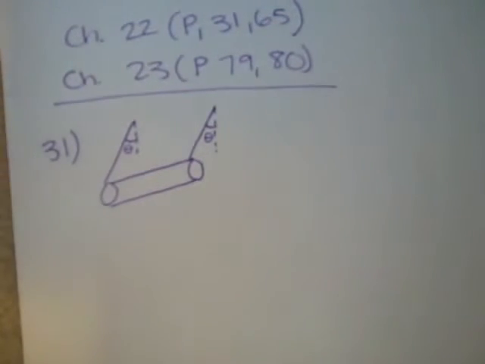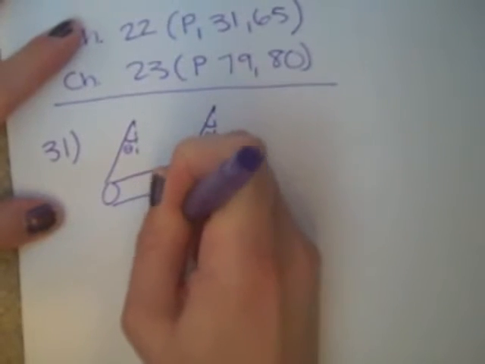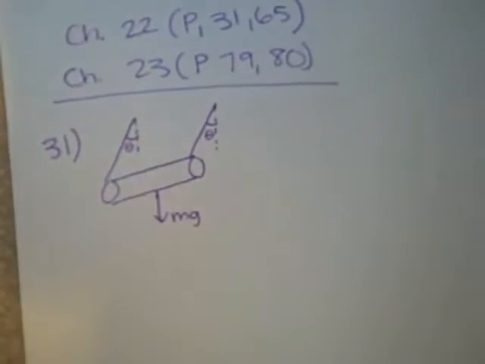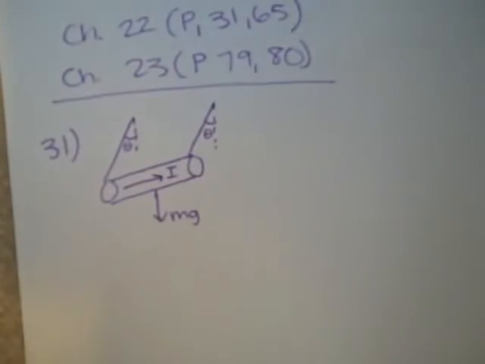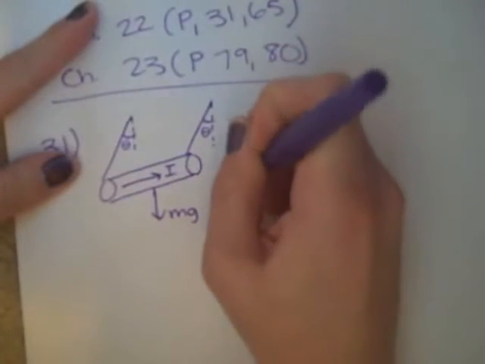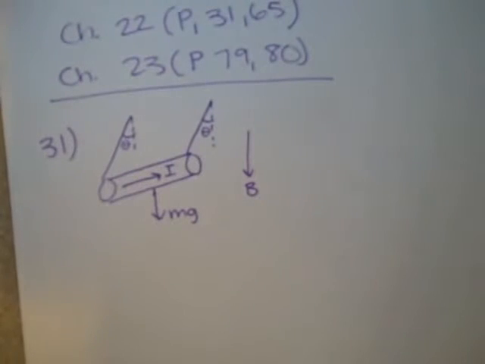So first thing, they have labeled on here that the weight, kind of a free body diagram, is pulling down, and that the current is going to the right here. And it's in a magnetic field, labeled B there, that's going down.